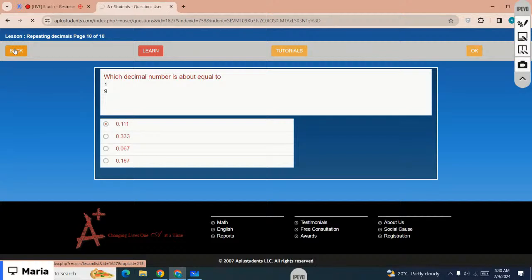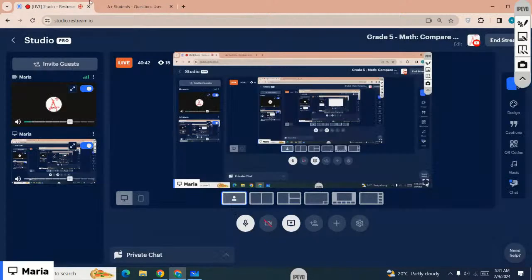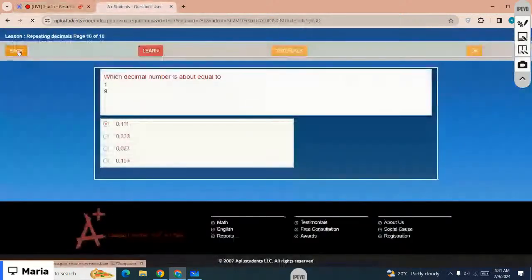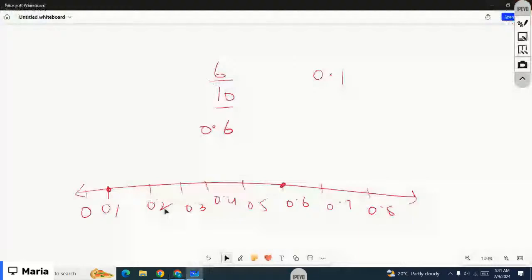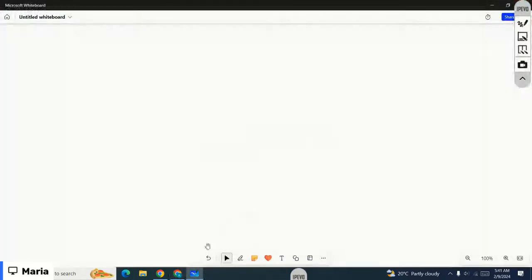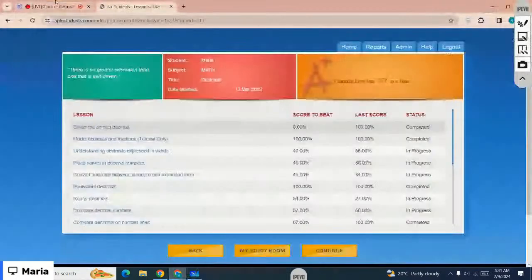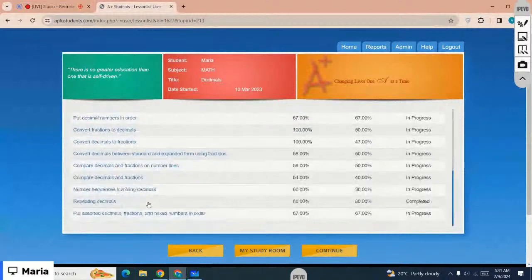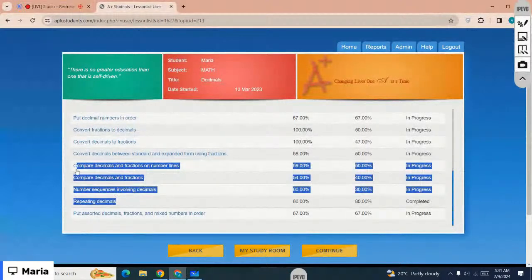The chapter we're working on is decimals, and the lessons we have covered today are compare decimals and fractions on number line, compare decimals and fractions, number sequences involving decimals and repeating decimals, right?